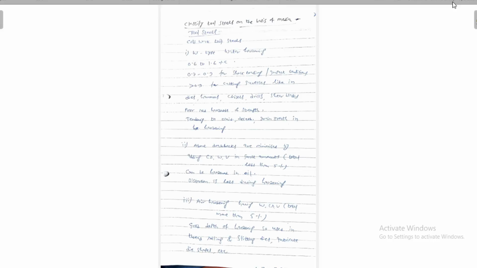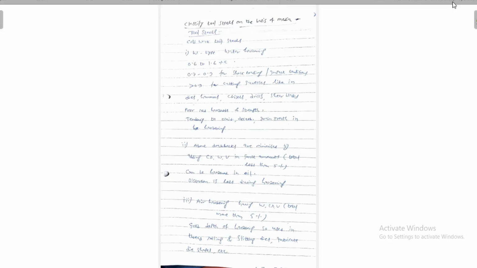Whenever we subject these tool steels to water quenching, they show the tendency of oxidation, decarburization and grain growth.